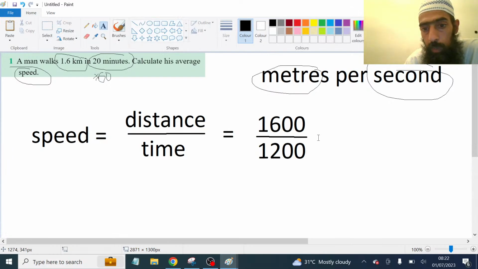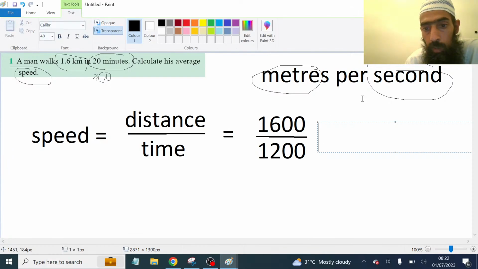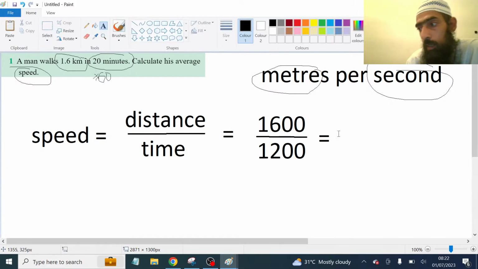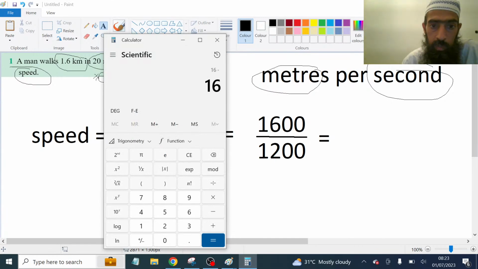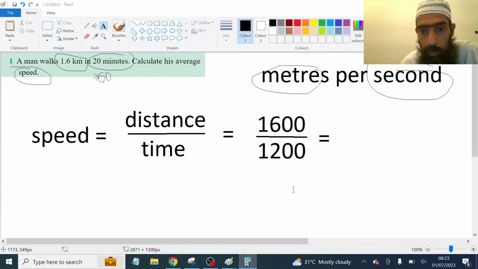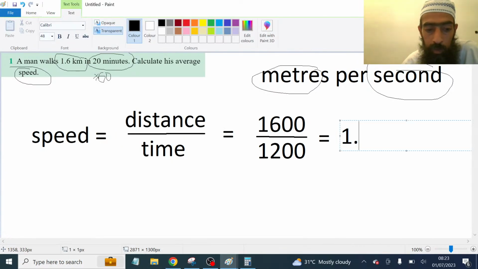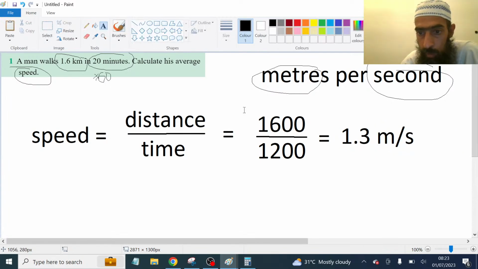And then you can type this into your calculator, and you should get, let's do that now, 1,600 divided by 1,200. So that's 1.3 recurring. So 1.3 recurring, and it's meters per second.